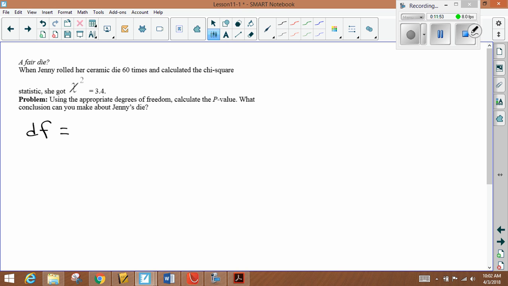So our degrees of freedom depends on our number of counts, or number of outcomes.